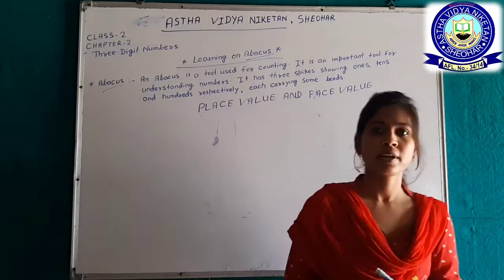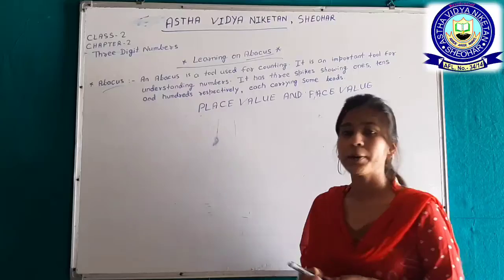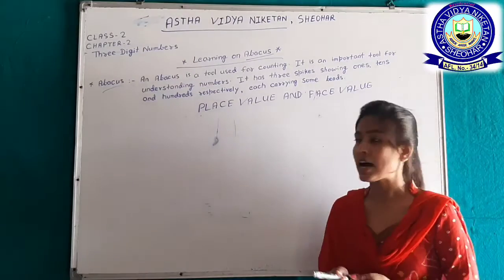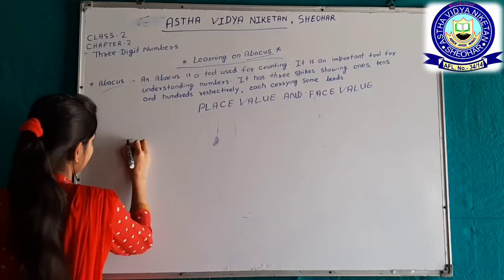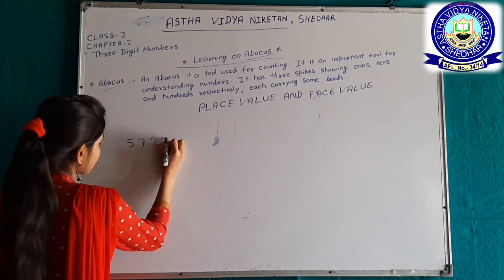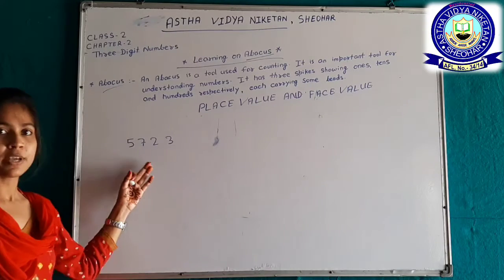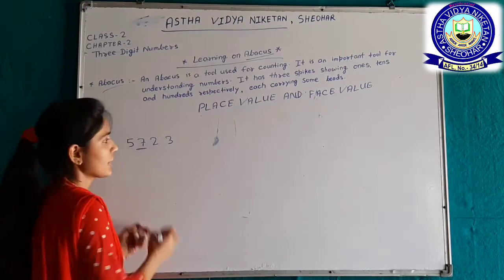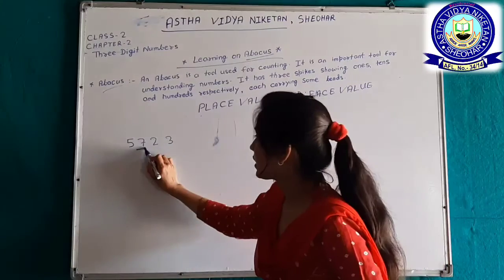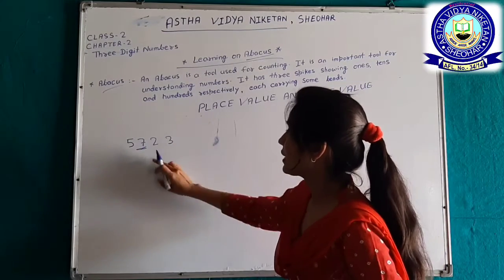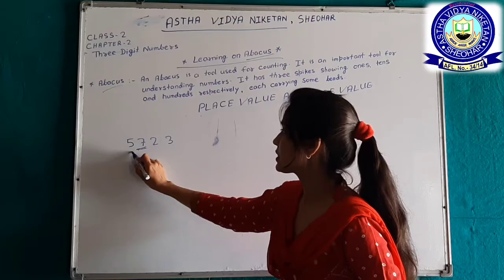Place value of any digit depends on where the digit is in the number. Here are some numbers. You have to find out the place value of this 7. The place value of 7 depends on where the 7 is and what is the position of 7 in this number.